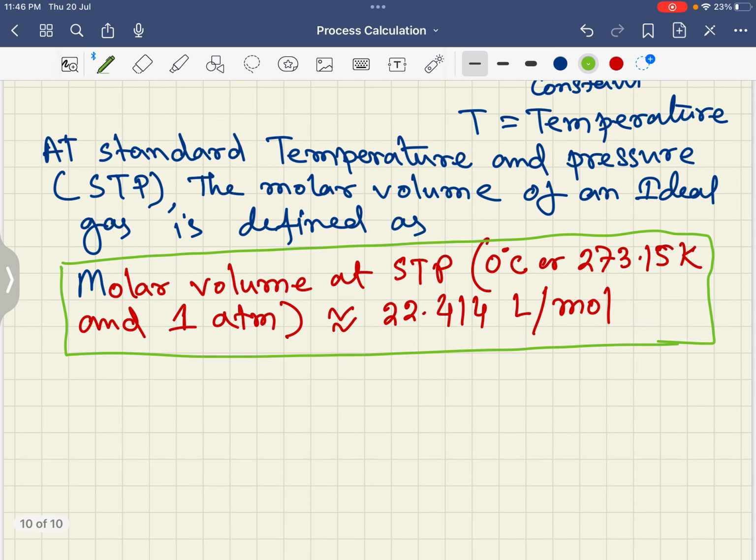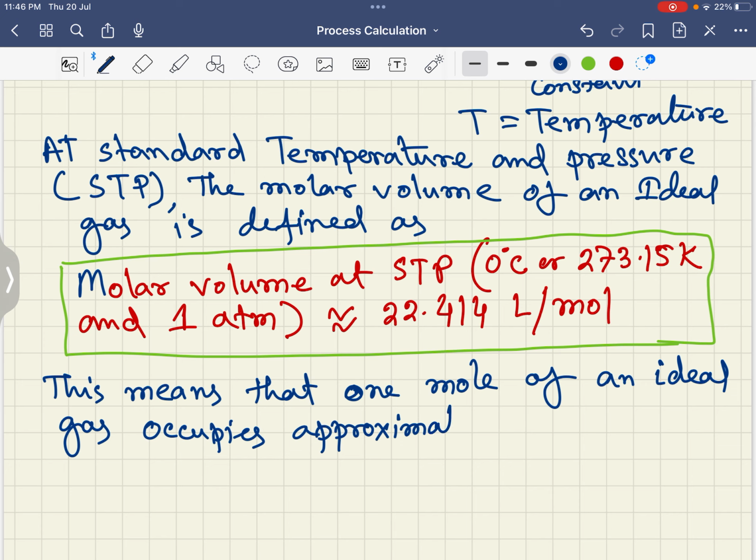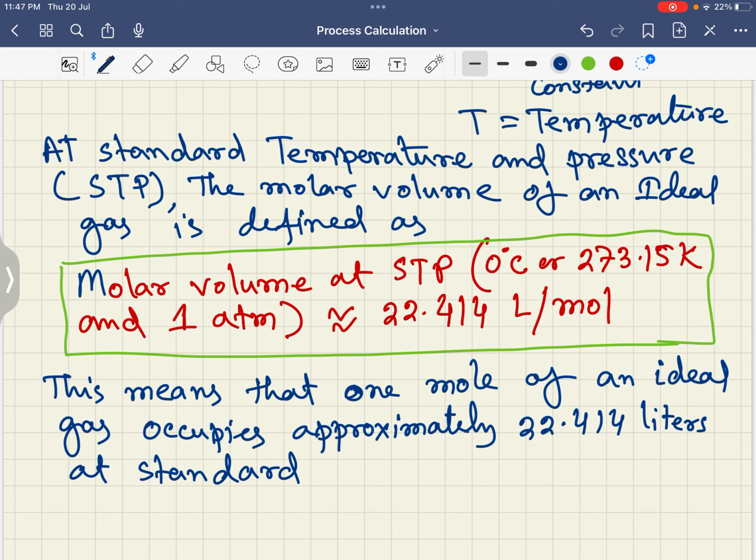What does it mean? So this means that 1 mole of an ideal gas occupies approximately 22.414 liters at standard temperature and pressure.